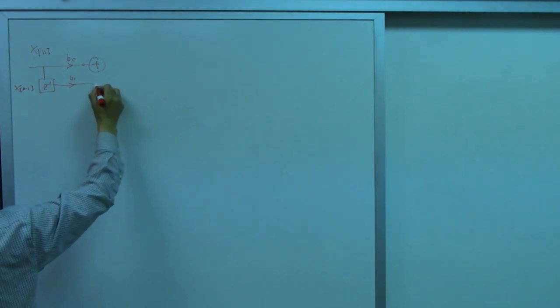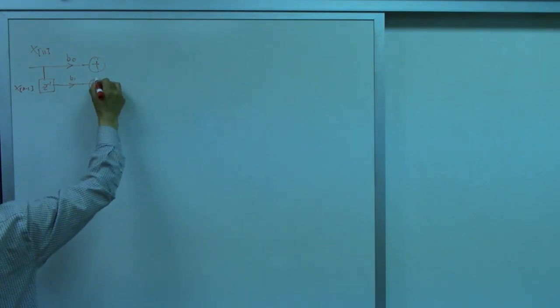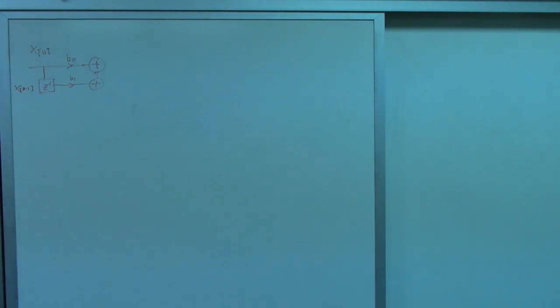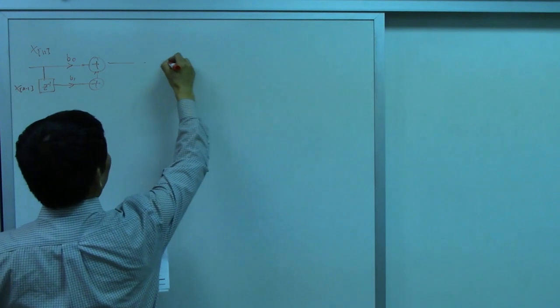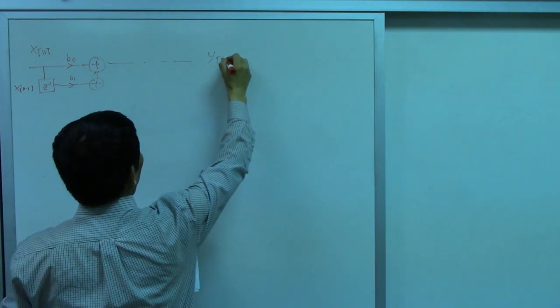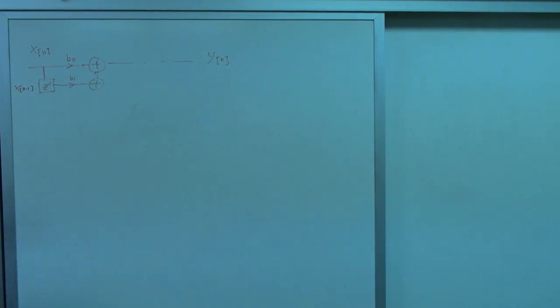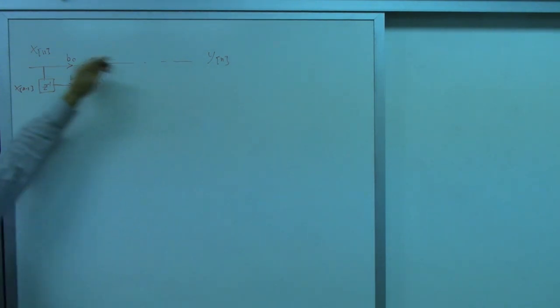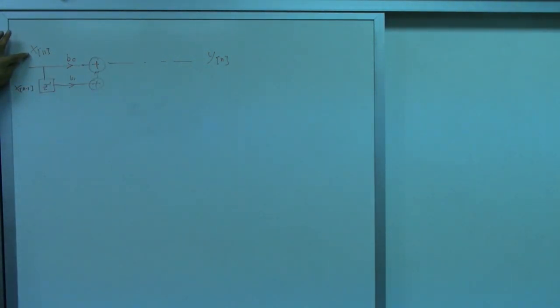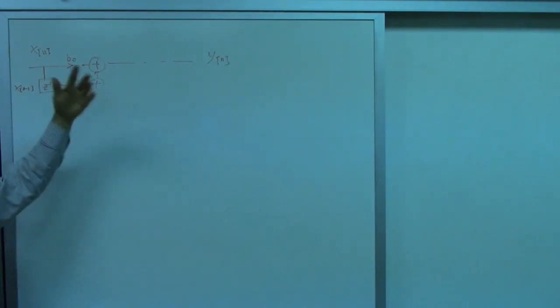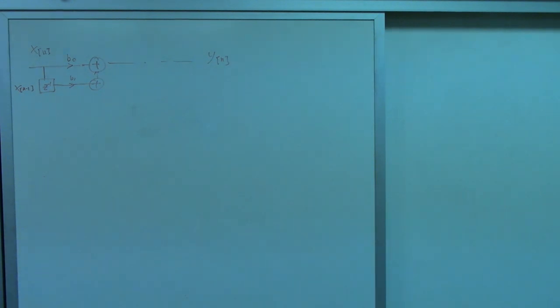Okay, so here we are going to have addition. You think this one will be some y[n]; we just haven't finished yet. So you can see y[n] equals b0 times x[n], plus b1 times x[n-1]. That looks like we are on the right way. We haven't finished yet.